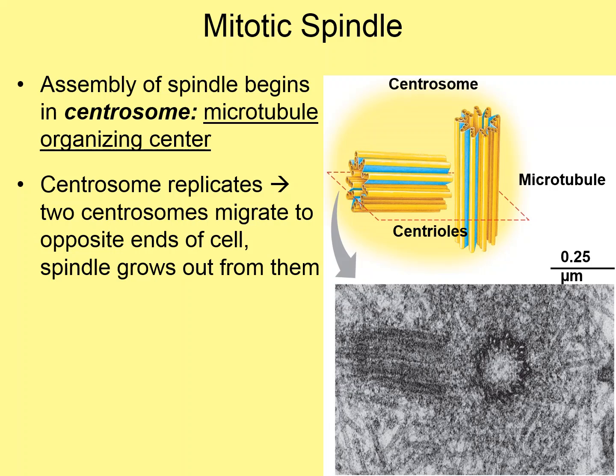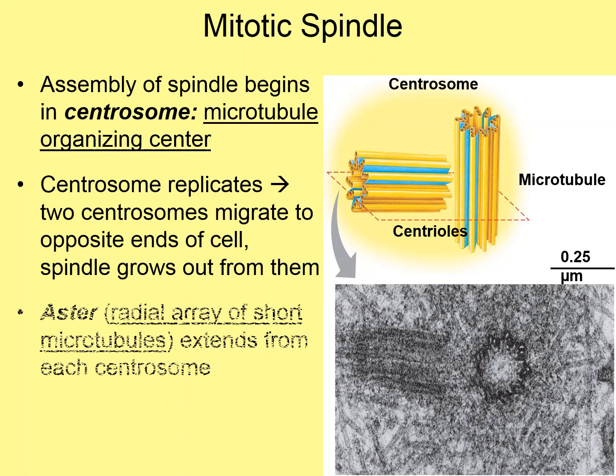So each centrosome has got two centrioles, and then from those centrioles, you get what's called the aster, right? And this is just basically this star-shaped array of microtubules that extends out. And one end is going to anchor with the chromosomes, and the other end, with a shorter aster, is going to anchor against the side of the plasma membrane, and they're going to work together to pull the chromosomes apart as part of this.